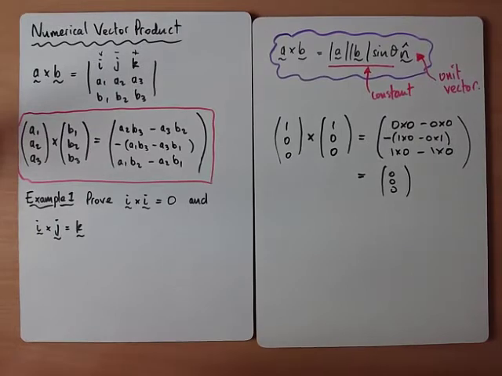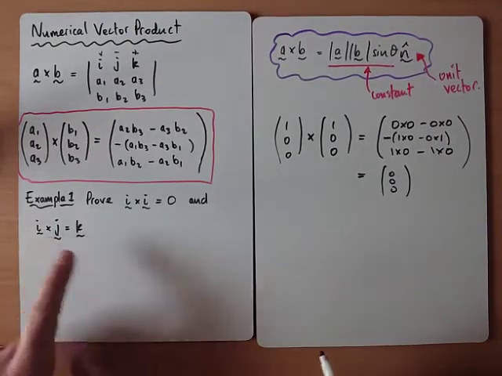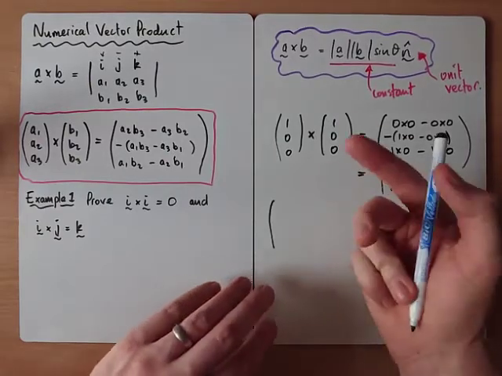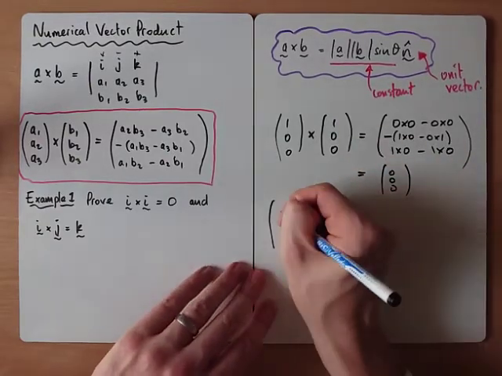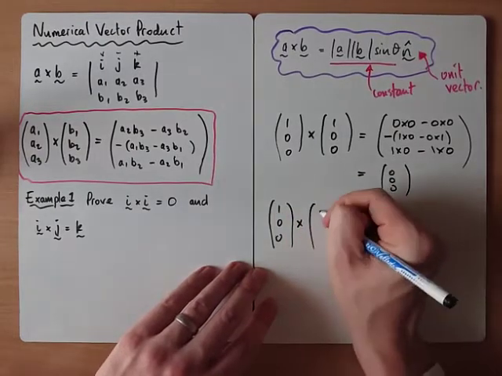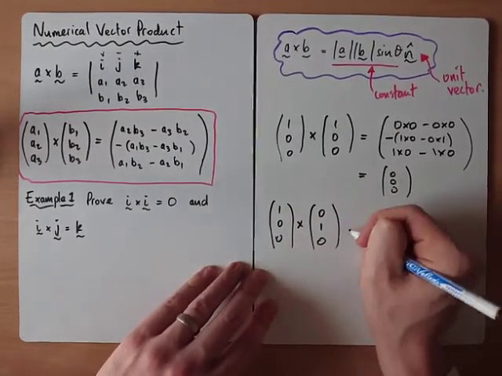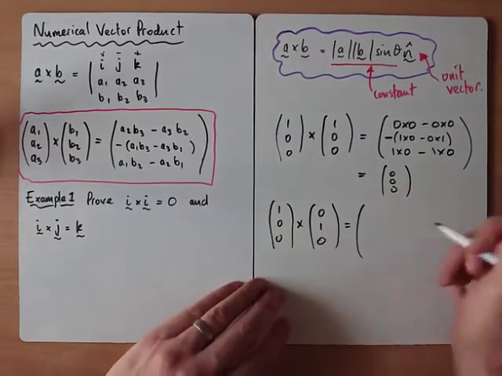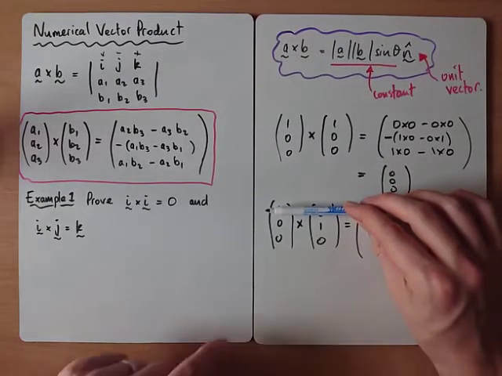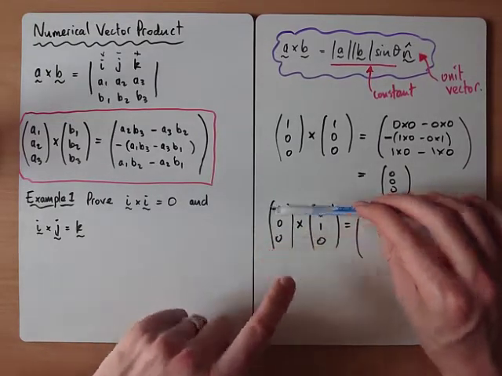Okay, this one's a little bit more interesting. If we want to prove i cross j is equal to k, coming from the right-hand rule which we discussed earlier, we've got (1, 0, 0) cross product with (0, 1, 0). So cover up, and then you've got 0 times 0 minus 0 times 1.